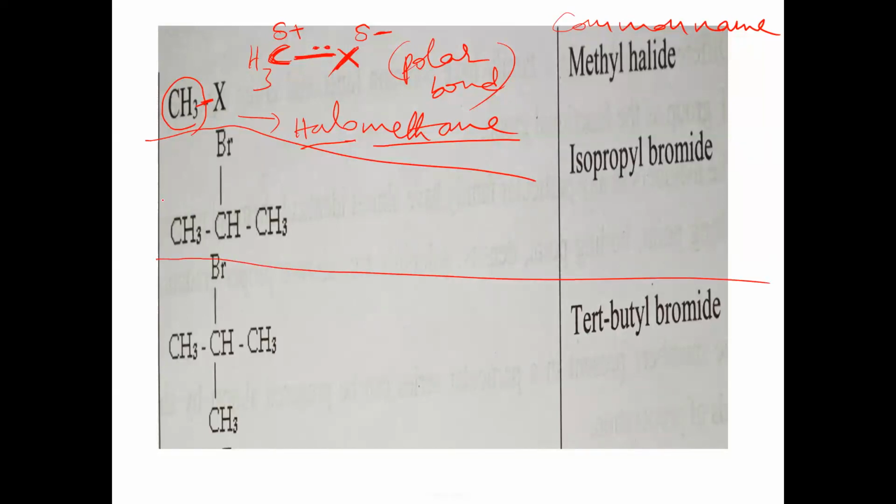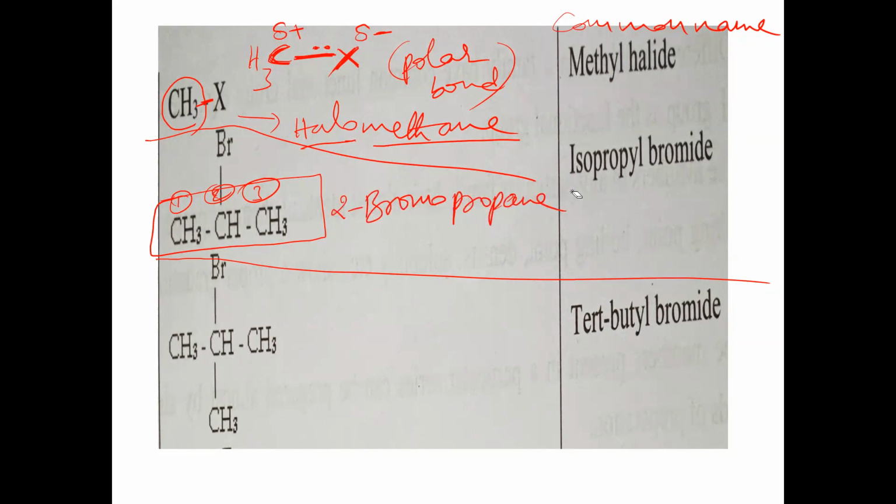Here, the parent chain has how many carbon atoms? Three carbon atoms. So numbering from left to right or right to left will be the same. The second carbon gets bromine. Now it is 2-bromopropane, the IUPAC name.